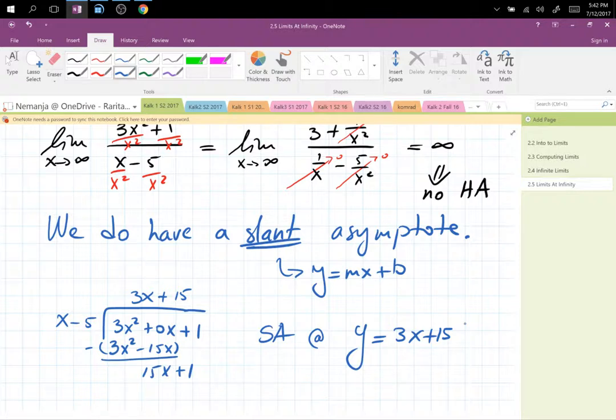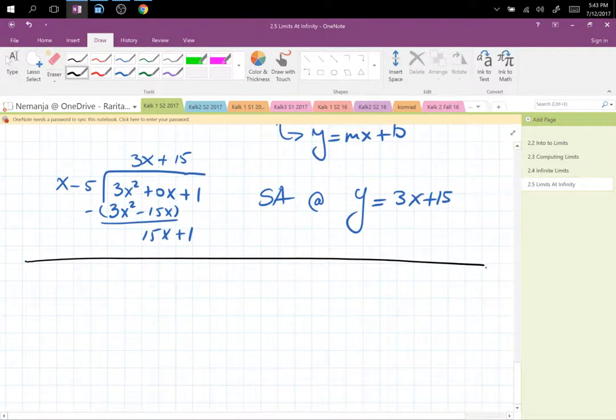So I'm just going to look for a little bit spicier example. Here is a wonderful example for you guys to practice. 42.